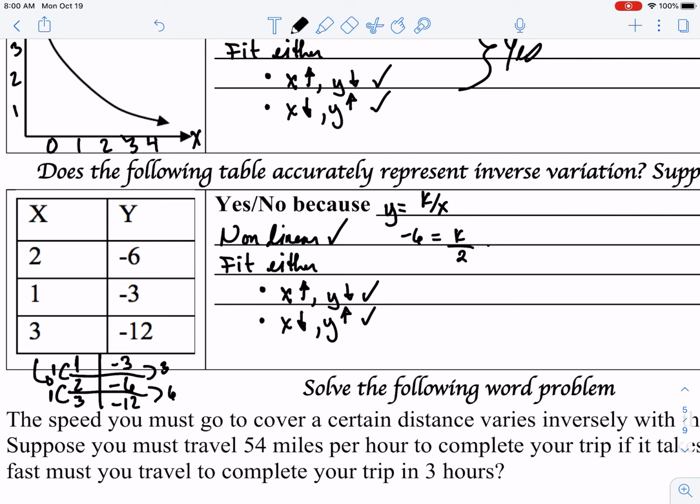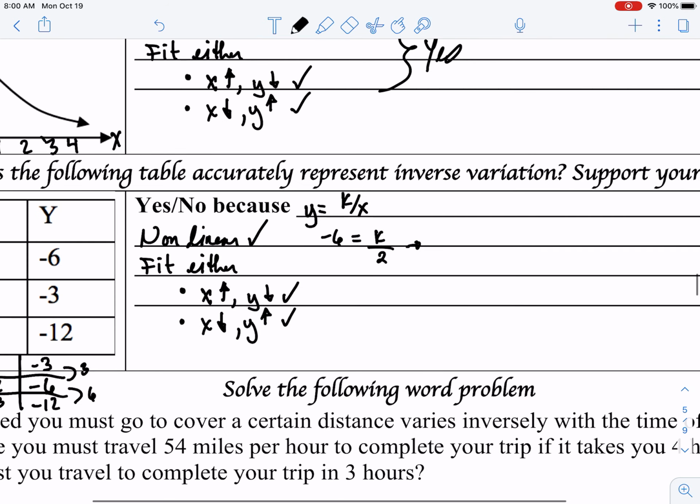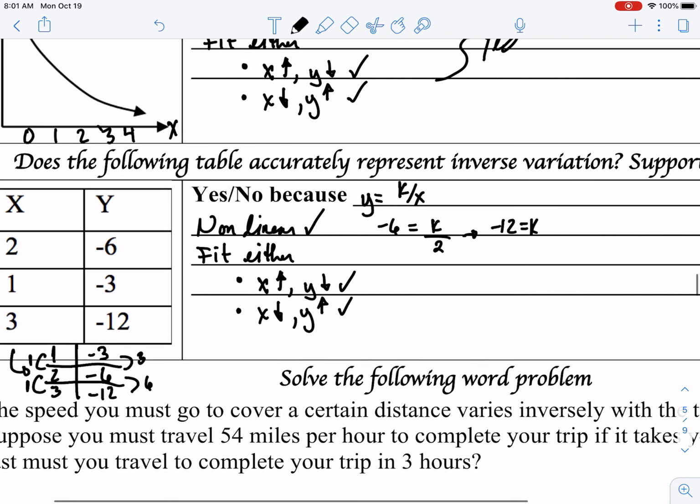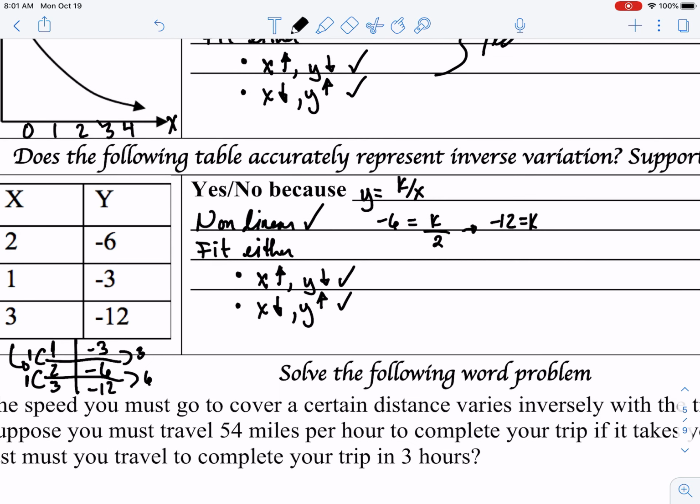I want to solve for k. So multiply both sides by 2. And I get negative 12 is equal to k. Now, this constant must be the absolute same for all of the points given. If it's not, then even though all of this stuff is true, it doesn't hold true to the form. Therefore, I know it is not inverse.